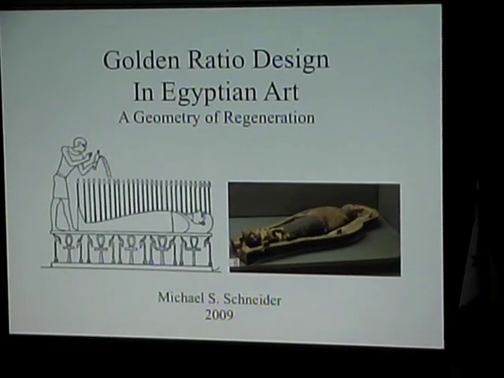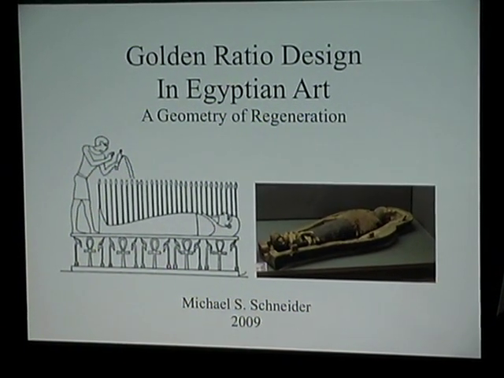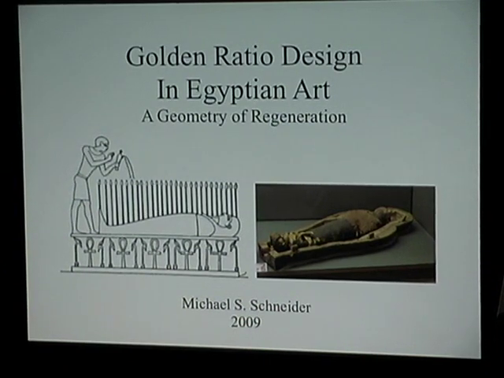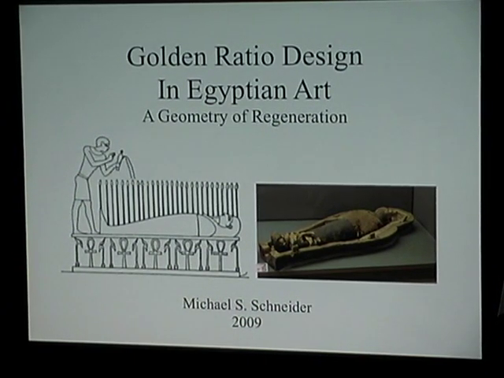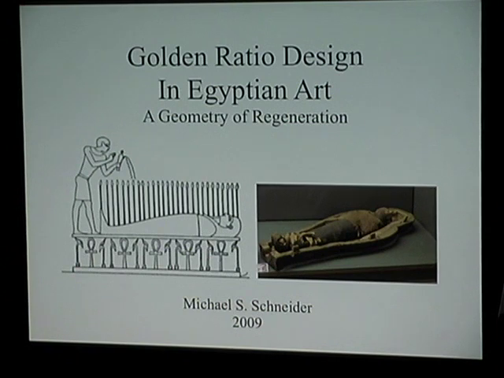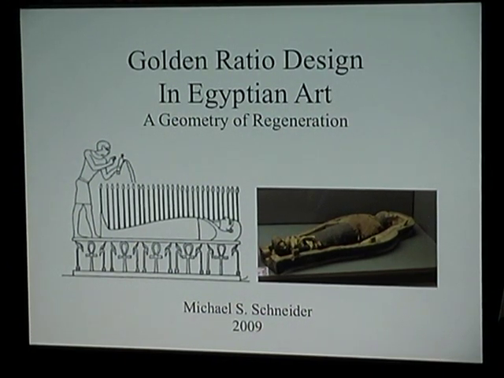And it turns out that the geometry, the shaping principles that the Egyptians and others really around the world used to portray images of generation and regeneration use a particular geometry to shape them called the golden ratio. If you're not familiar with it, you'll become familiar with it today, because it makes a lot of symbolic sense to use a geometry that regenerates itself to portray generation and regeneration.